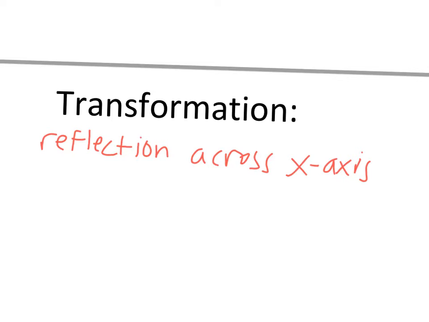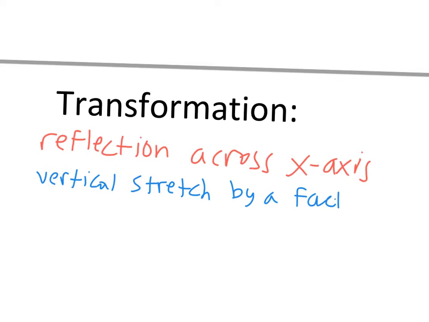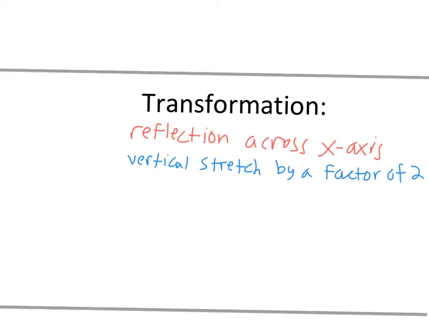So we have a vertical stretch. And one thing I did not mention earlier, we have to say by a factor of some number, whatever number that is, which is 2. So by a factor of 2. There we go. Okay.